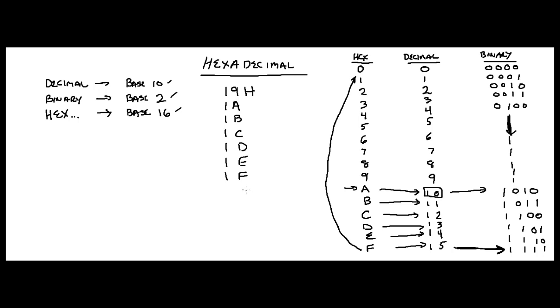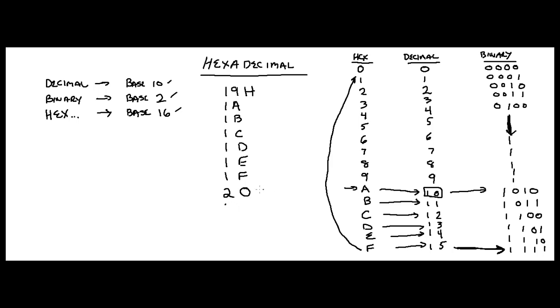So the one after this is going to be 0, and the column, the 16 to the 1s column, will increase, so that's equal to 20.